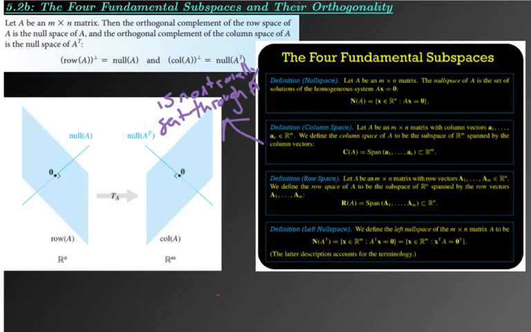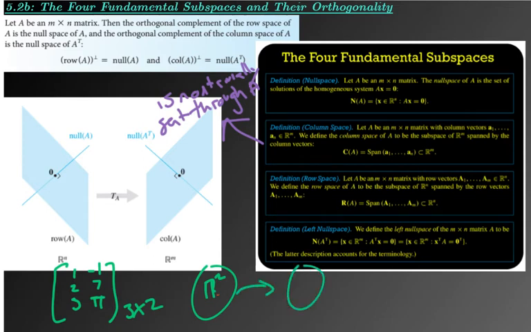Let's just say you have a matrix 1, 2, 3, -1, 7, and pi, because that's a good number. This being a 3 by 2 matrix means that we're basically starting in R2, right? And we're getting sent to R3. So the column space is going to live in R3, right? And the row space is going to live in R2.